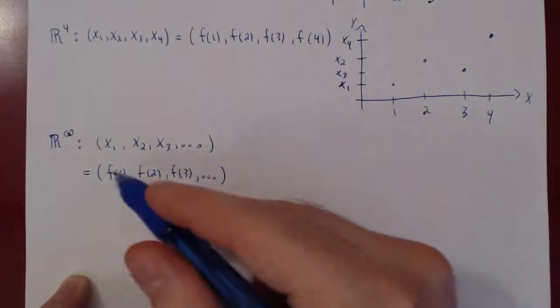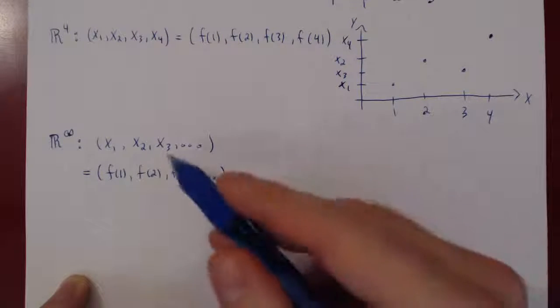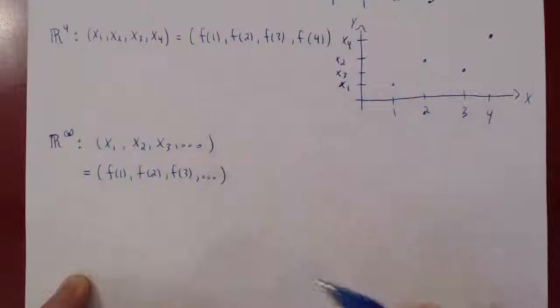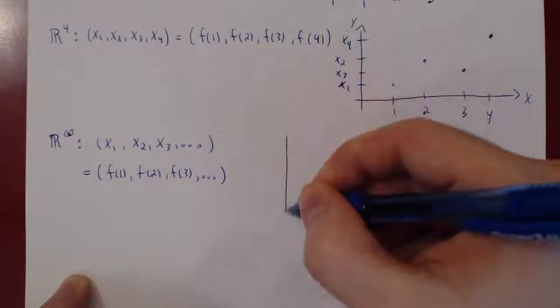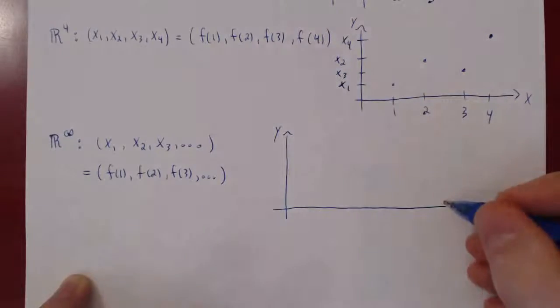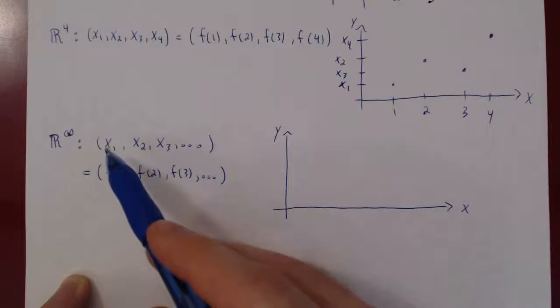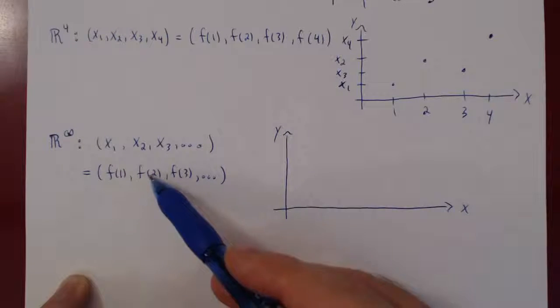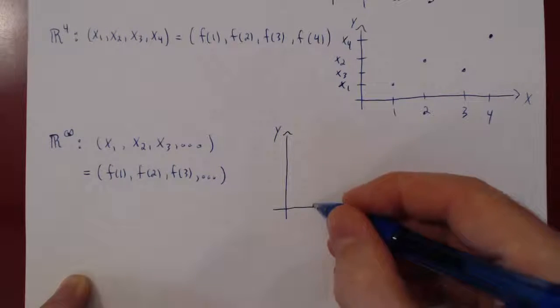And we can again visualize the graph of this function, which will give us a different way of thinking about our vector with an infinite number of components. So we can now think of this vector as the graph of a function defined only on all positive integers.